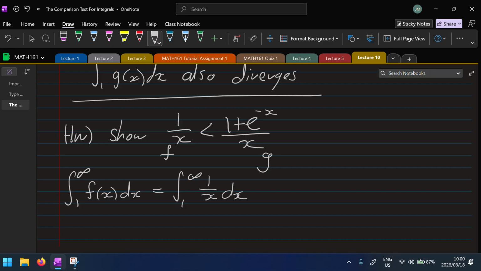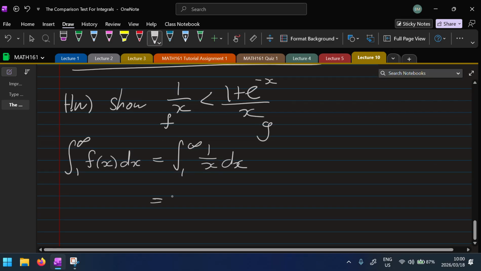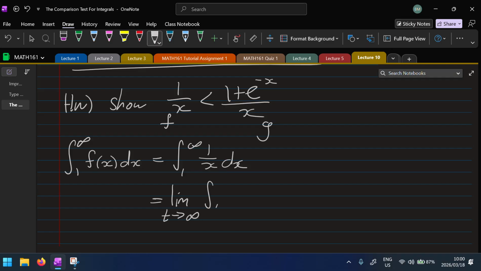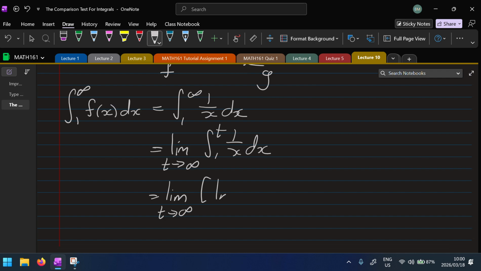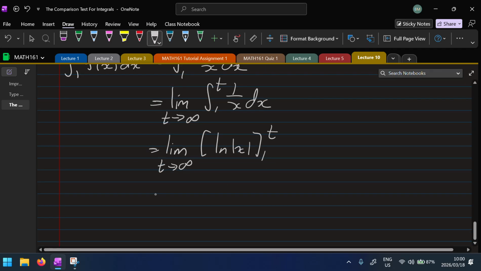Okay. So let's do the integral for f and show that it diverges. We did this one earlier today, so we'll go through it quickly. So we replace infinity with t and then take the limit. We ignore the limit for now and the integral will be the natural log. We can substitute t.